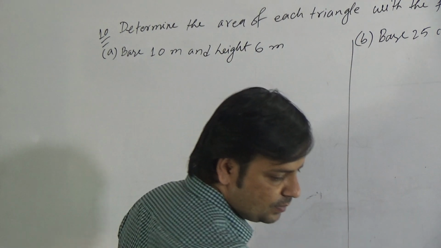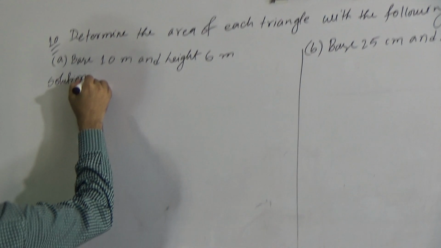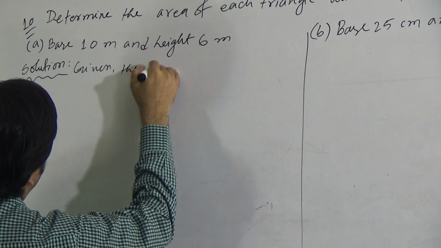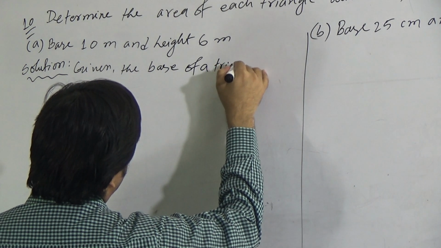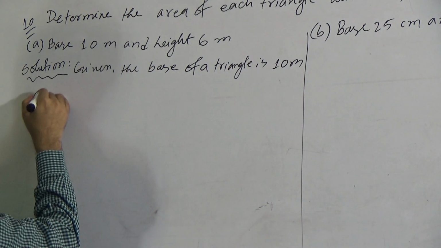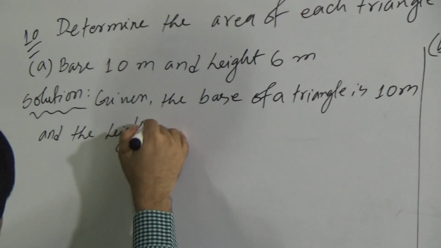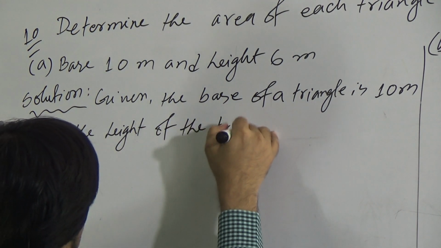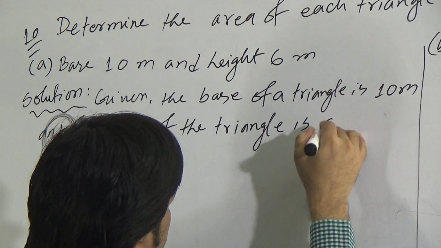Now see, we can write here solution. Given, the base of a triangle is 10 meter and the height of the triangle is 6 meter.